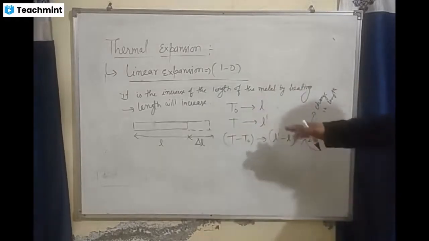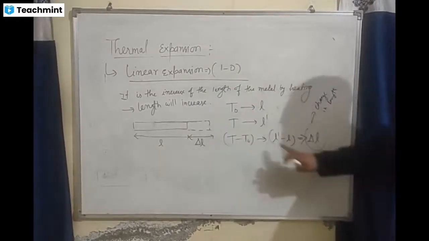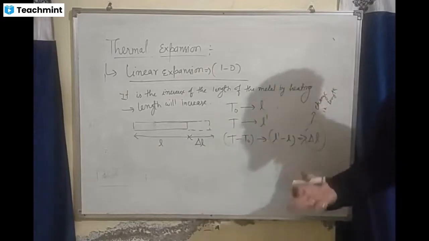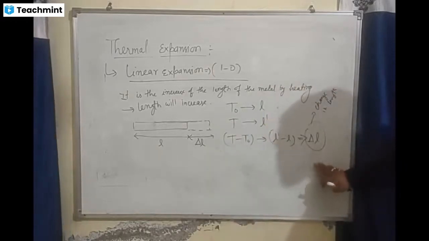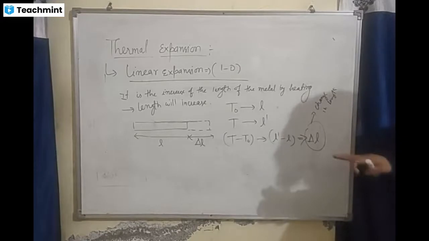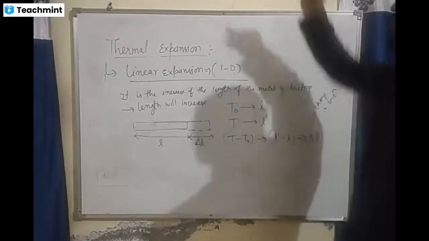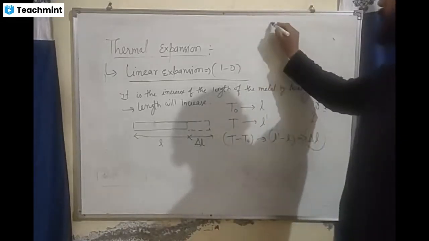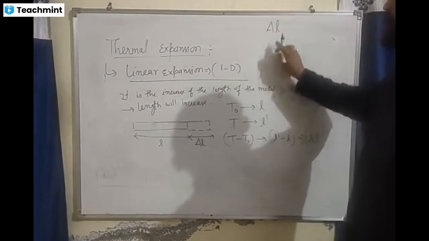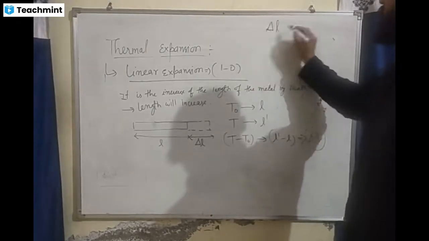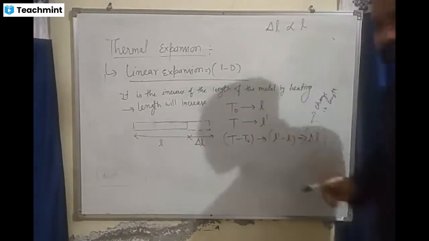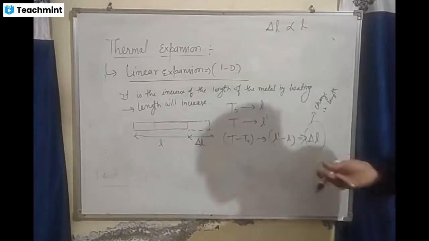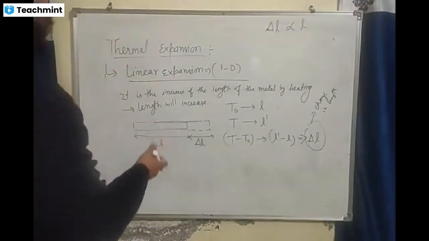Whenever we increase the temperature of the rod by delta T, its length will also increase by an amount delta L. So on what factors does this delta L depend? First, this change in length is directly proportional to the original length, because it is based on the actual length of the rod.